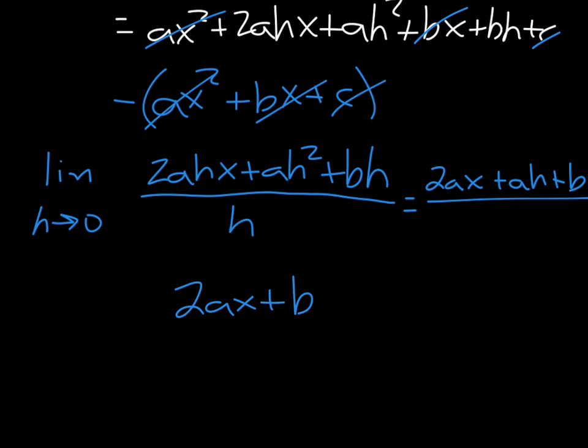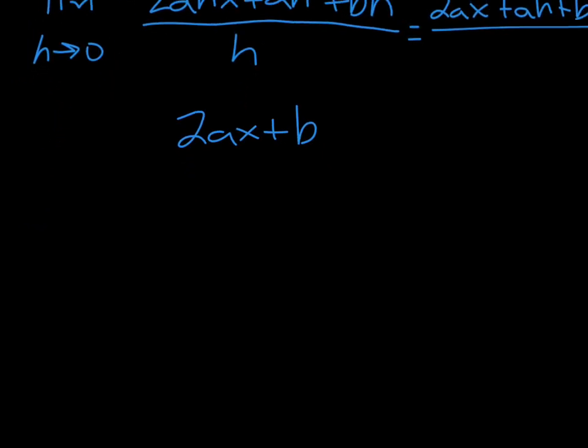Is that okay? And so for part B, you could just go through it again, but it's in the same form. So you could say A is 4, so 2 times 4x, and b looks like negative 3.